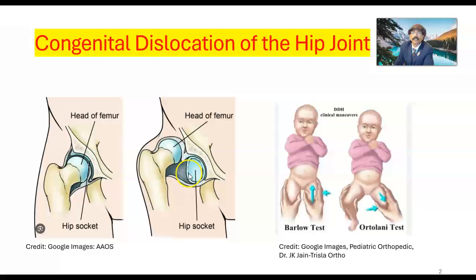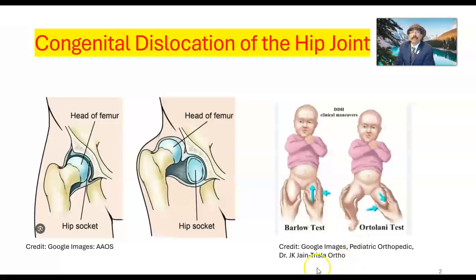If it is relaxed, loose, or out of the socket, we call it congenital dislocation of the hip joint. It is congenital because it develops during intrauterine life. Dislocation of the hip joint in an adult may be possible due to an accident.